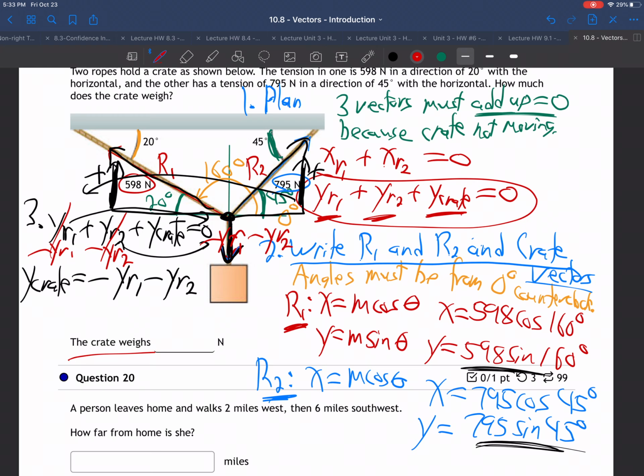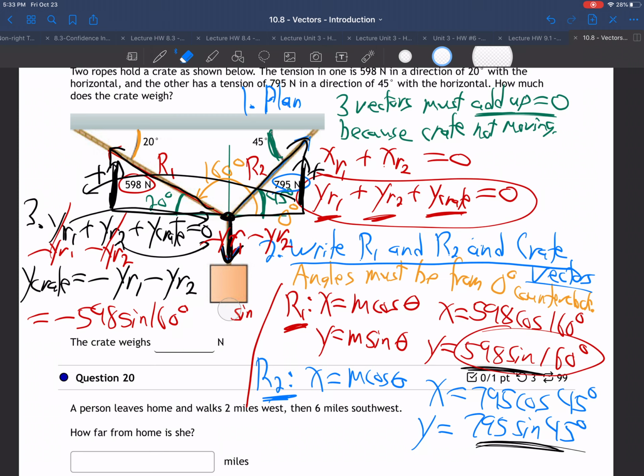They cancel out here. I get the crate alone, so the crate alone will equal negative the y for rope 1, which is right here. The y for rope 1 is 598 sine 160 degrees, minus 795 sine 45.